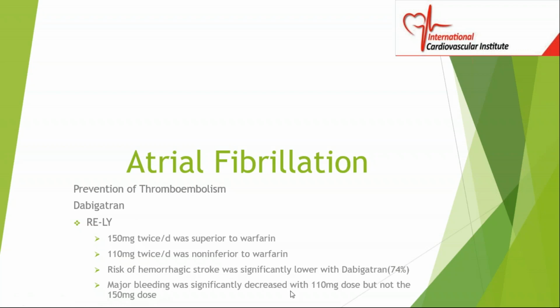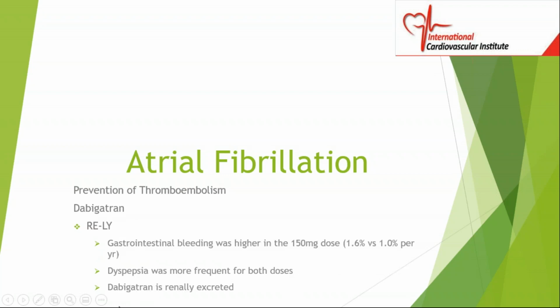Major bleeding was significantly decreased with the 110 dose, but not with the 150. So you're going to get a little bit more bleeding with the 150. It's a superior dosing schedule. Gastrointestinal bleeding was also higher in the 150 milligram twice per day. And these are the comparisons. Dyspepsia.